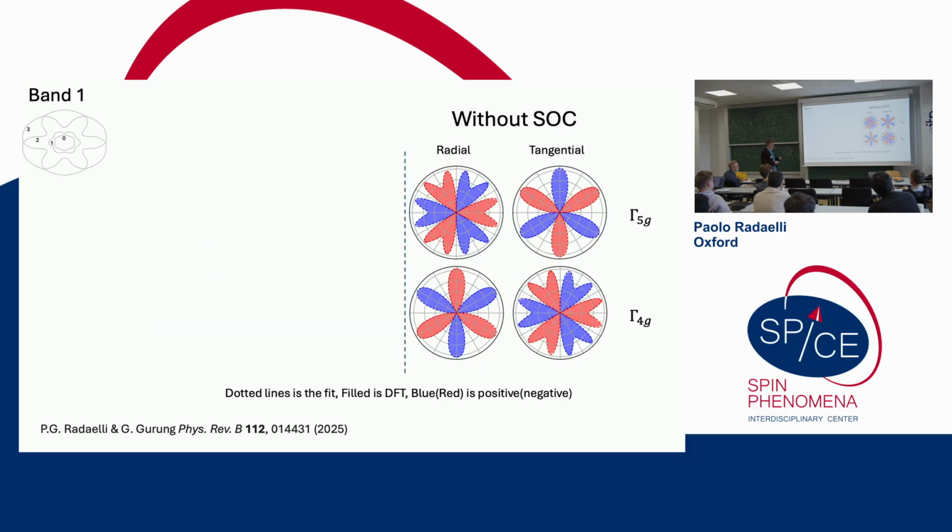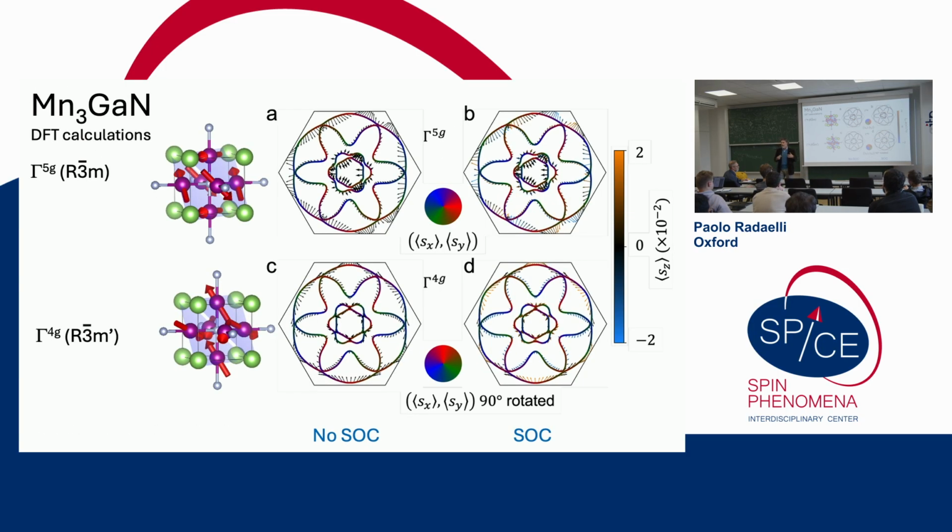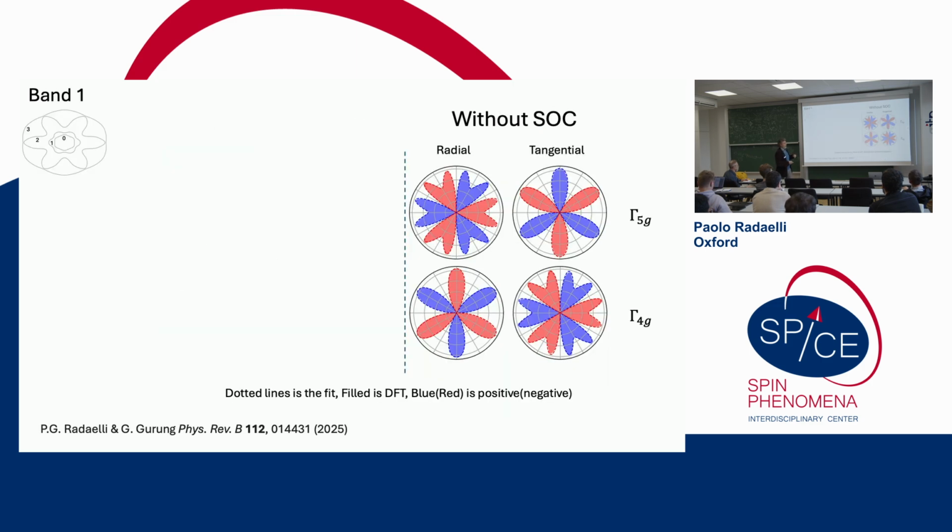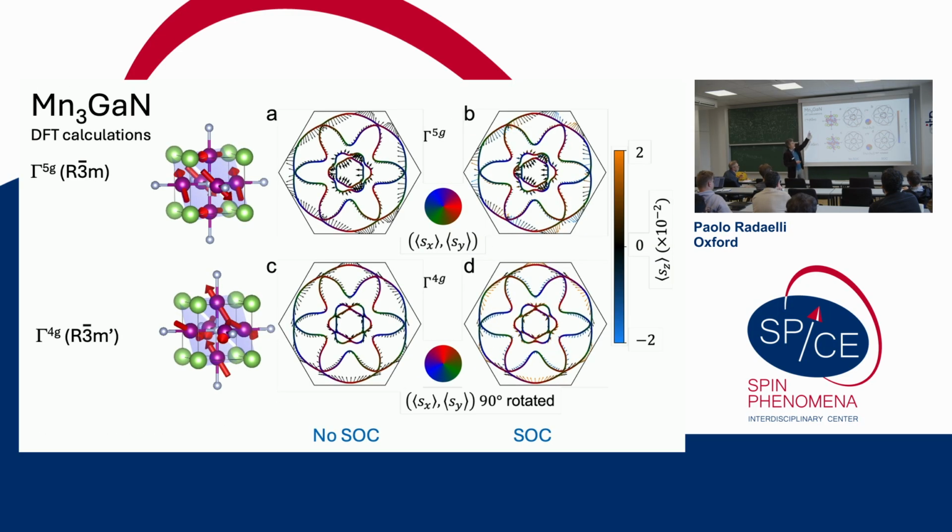So I can show it a little bit by showing the fits to the tensors. What we've done is constructed the tensor up to rank 20 or something and fitted this. In reality, there are very, very few parameters to worry about, because a lot of these tensors are zero and the tensor components are small. So here what I'm showing is the tensor fits to the radial component, tangential component, and axial component. Okay?